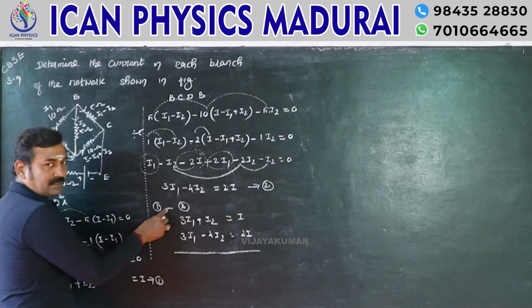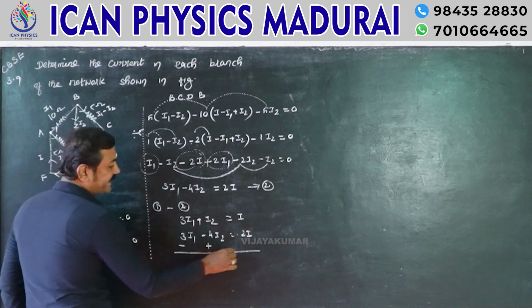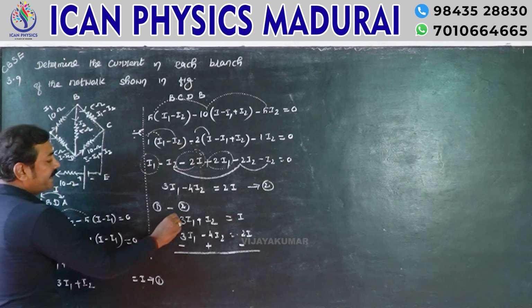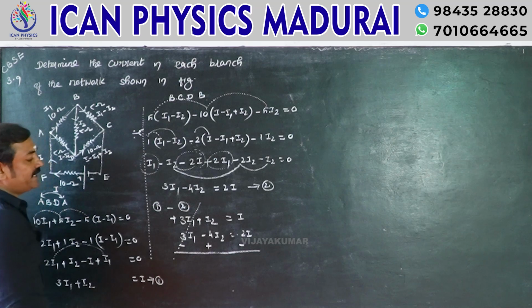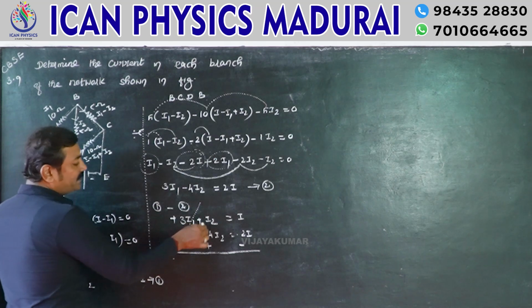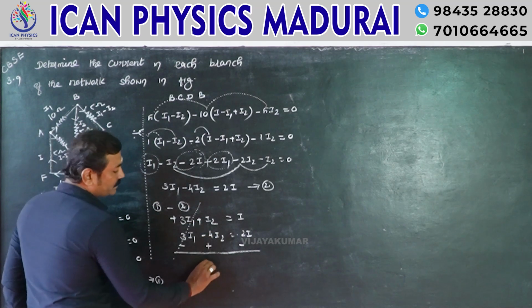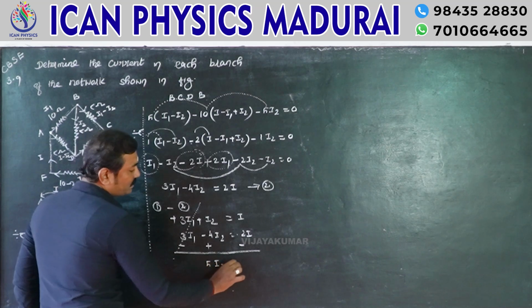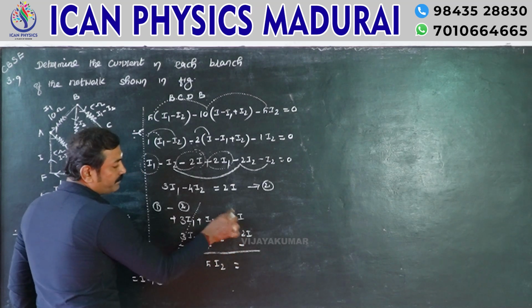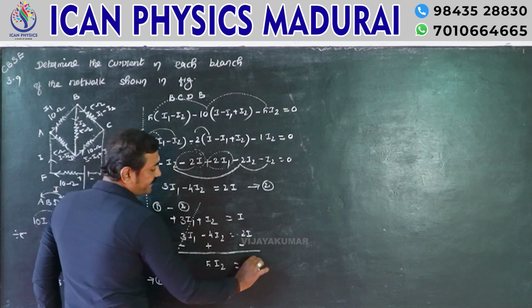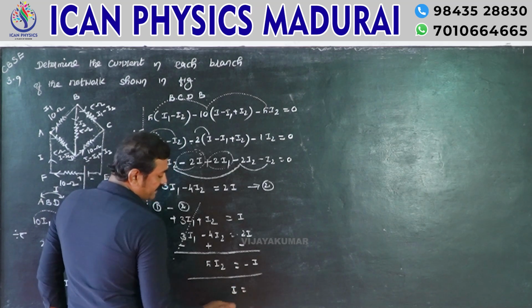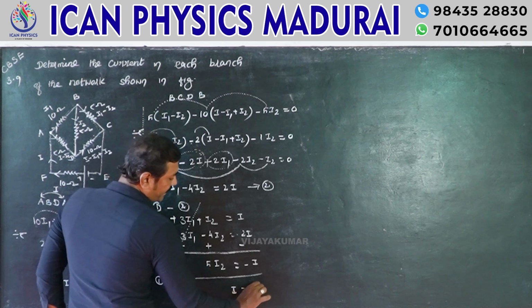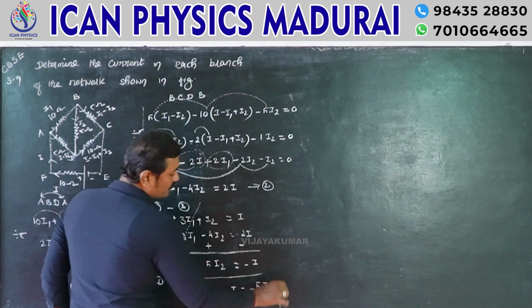So now we are going to subtract. So we have to change the sign. So here we are having plus 3I1. Here we are having minus 3I1. So getting cancelled. So I2 plus 4I2, it becomes 5I2. 2I minus I is I. So 5I2 equal to I. Or otherwise I equal to 5I2.